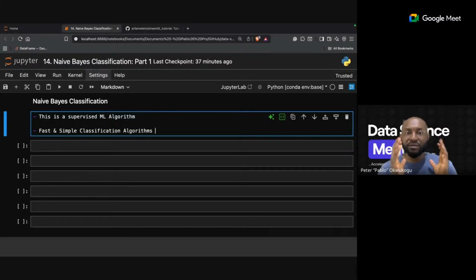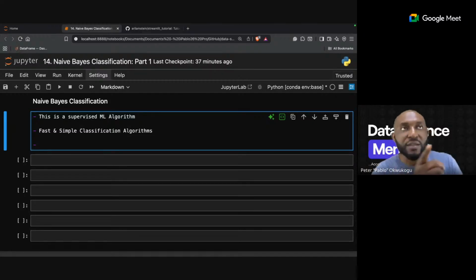You can typically use them for your benchmark or your baseline. Another thing is they have few tunable parameters.